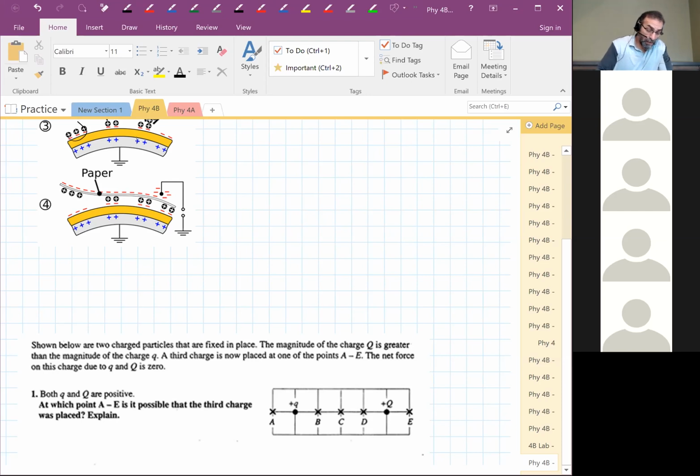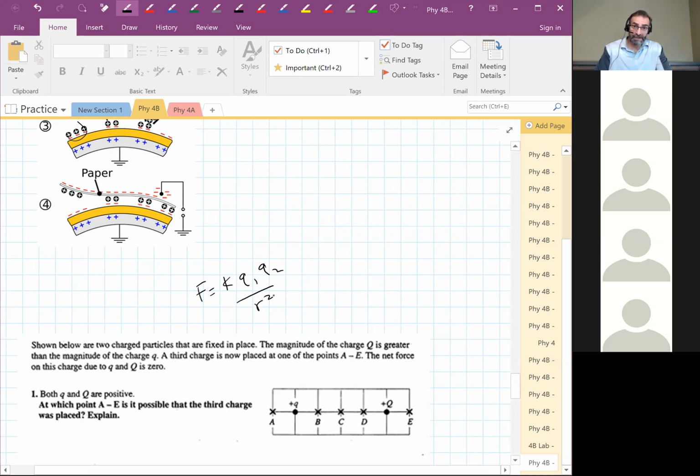Yeah, remember our force, k q1 q2 over r squared. So in order for the forces to be the same magnitude, we want them to cancel each other out. In order for those forces to be the same magnitude, we have to be closer to the smaller charge. You see that? Closer to the smaller charge.